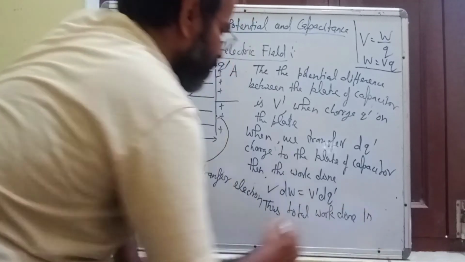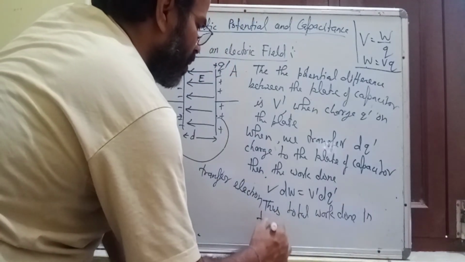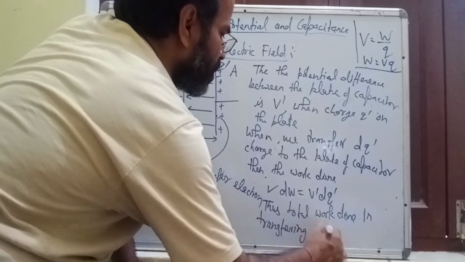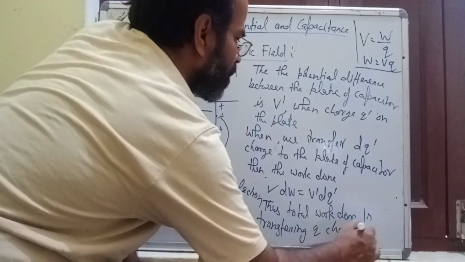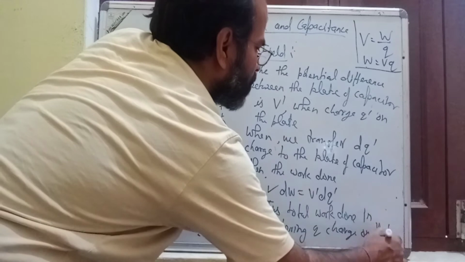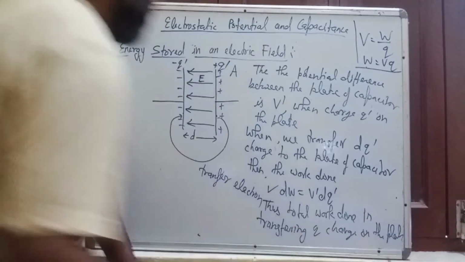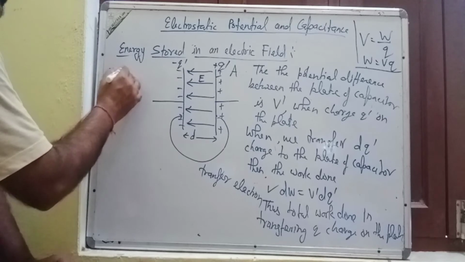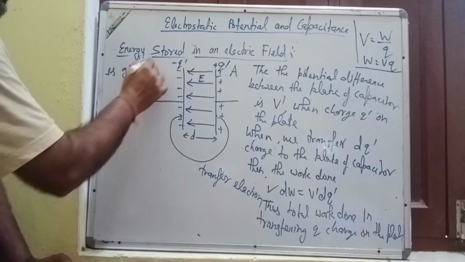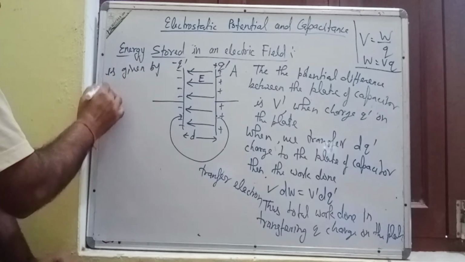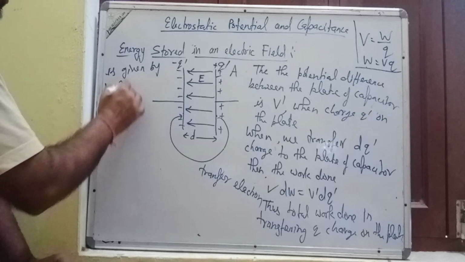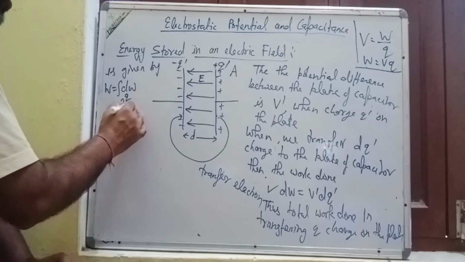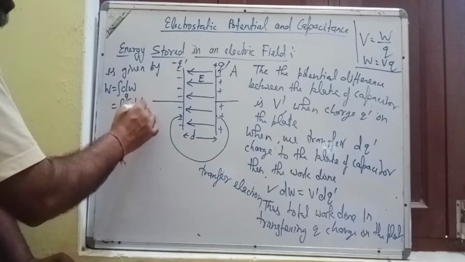Then the total work done in transferring Q charge on the plate is given by W equal to integral of dW, equal to integral from 0 to Q of V dash dq dash.